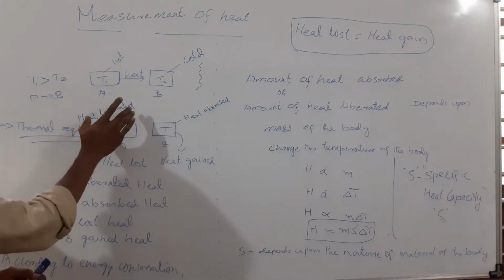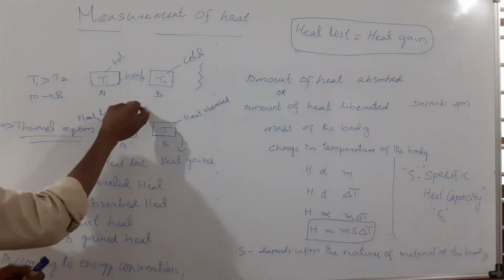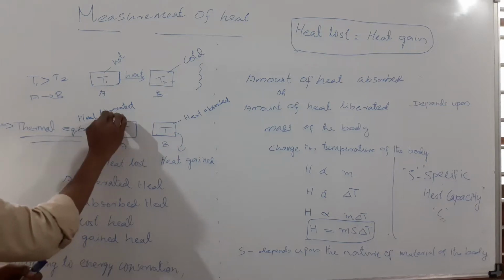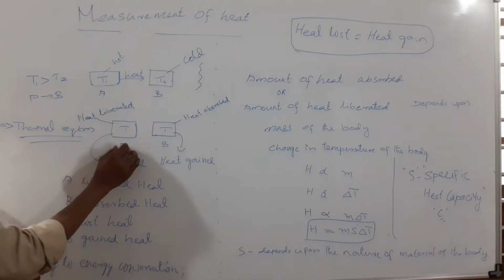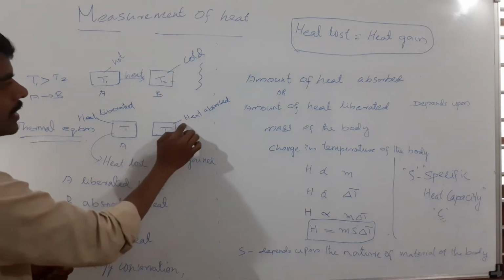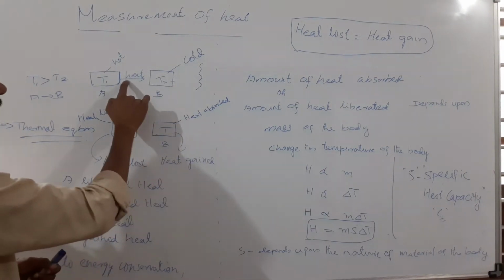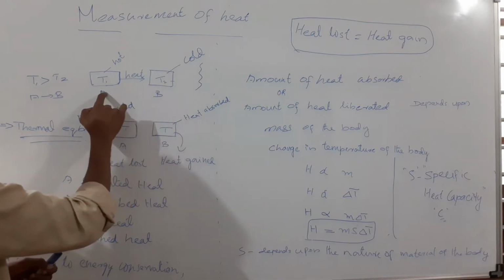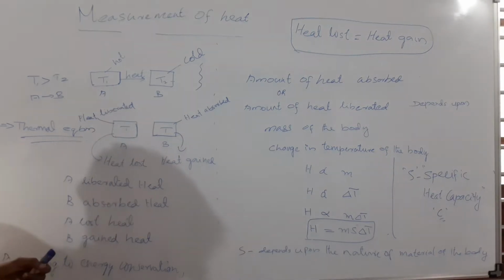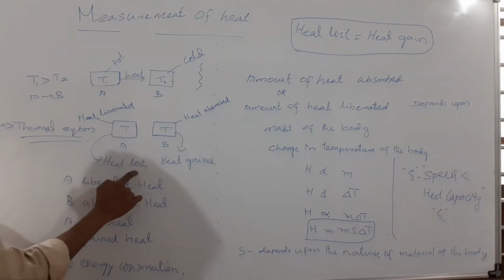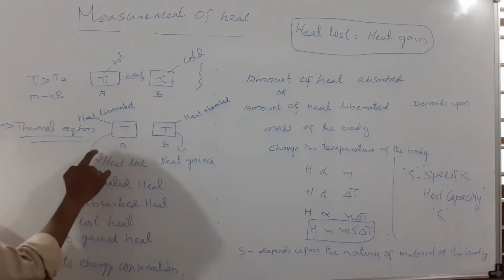Here A is giving the heat, or A is liberating the heat. So heat is liberated from A and heat is absorbed by B. B is absorbing the heat whereas A is losing the heat.